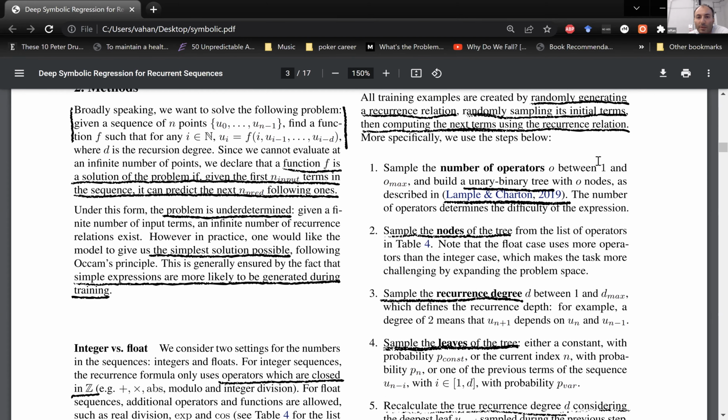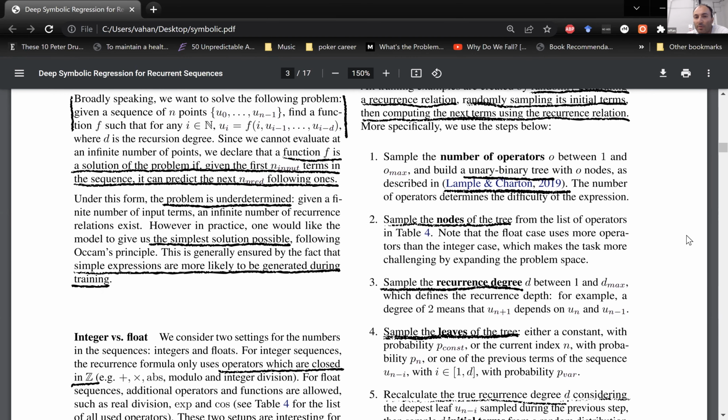So let's talk about the data generation. Then we go into the model part. We have to sample a number of things. First, we sample the number of operators between 1 and the max. I think the limit is 10, but we look at the exact numbers during experiments. But this is not a huge number.